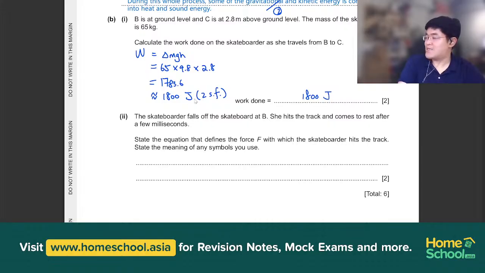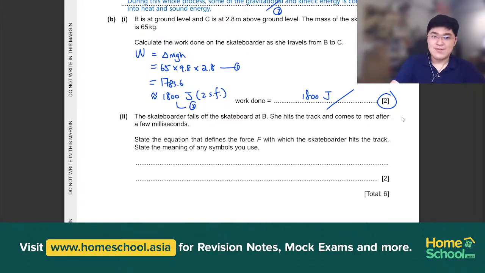Joules is the unit for work done, or should I say the unit for energy as well. So if you write down this equation and write down the correct numbers over here, you get your first mark. And if you get this answer correct, this is your second mark. That's how you get your full 2 marks for this part of the question.